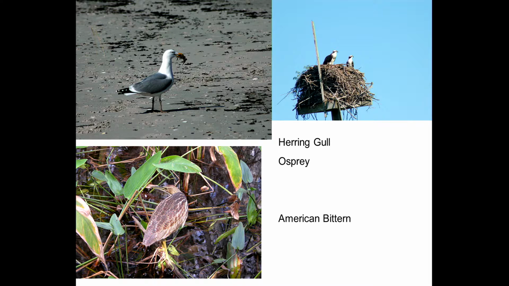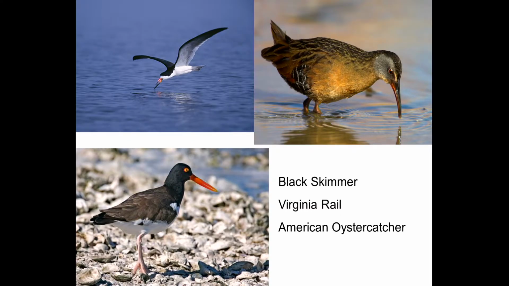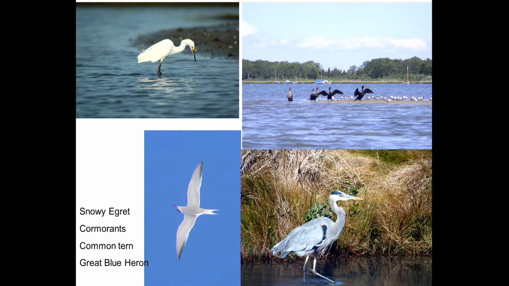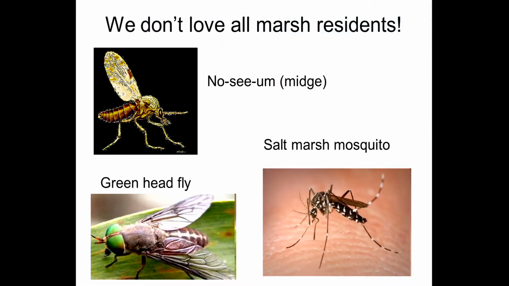But we have herring gulls, ospreys, bittern, we have black skimmer, Virginia rail, oystercatcher, we have egrets, cormorants, terns, herons. Most birders like to go to marsh areas to view these birds and others.